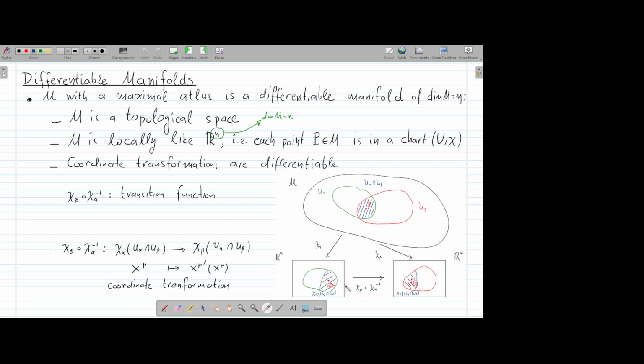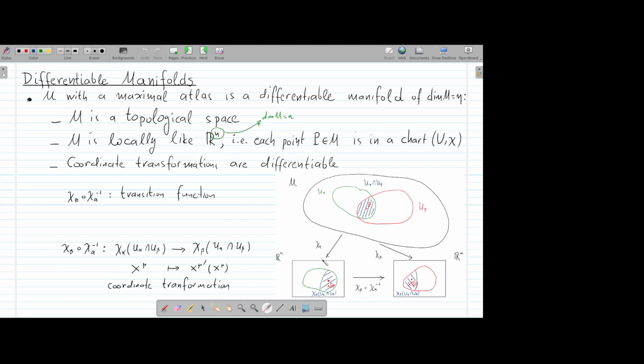Then we have a map that relates the coordinates of the point P in this coordinate system to the coordinates of the same point P in that coordinate system. Let's call for the moment those coordinates x mu in the chart chi alpha and x mu prime in the chart chi beta. The fact that the maps chi alpha and chi beta are invertible allows us to define a map going from x mu to x mu prime.